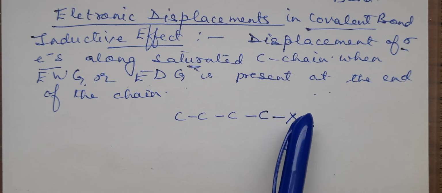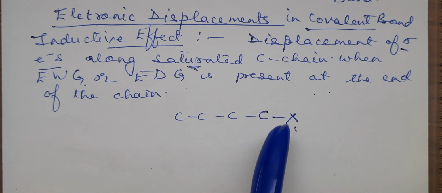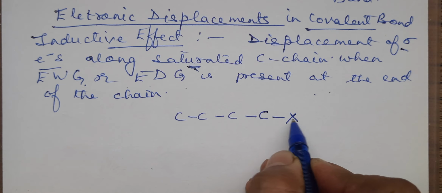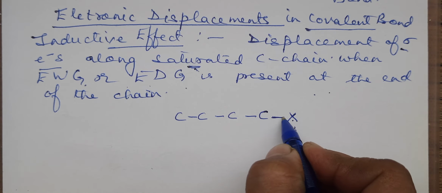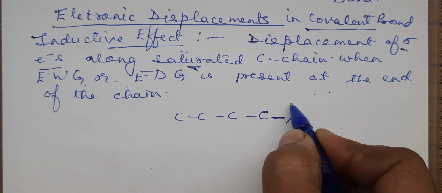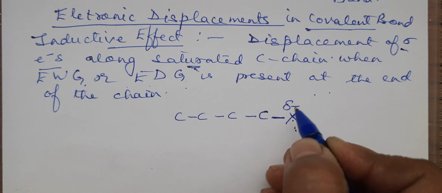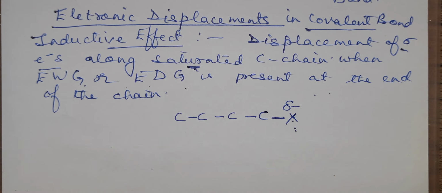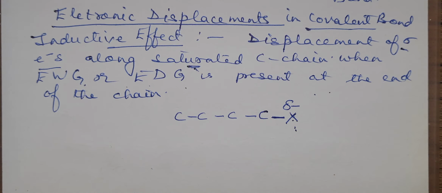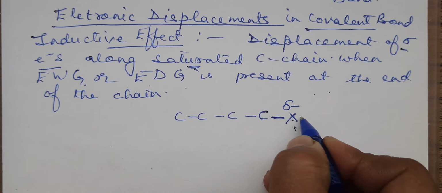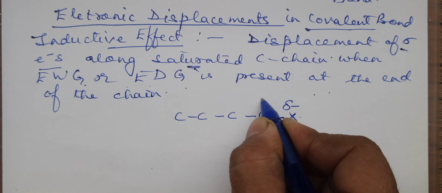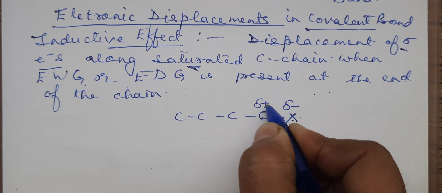But now in this case, this is more electronegative, it will have a tendency to pull the electron pair towards itself. So this will try to pull this electron pair towards itself and will try to get a partial negative charge. We will not write a complete negative because it has not taken the pair of electrons. And the carbon atom which is attached just adjacent to the halogen will acquire a partial positive charge.